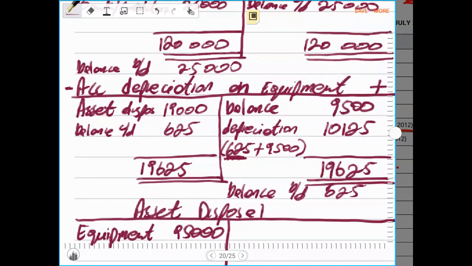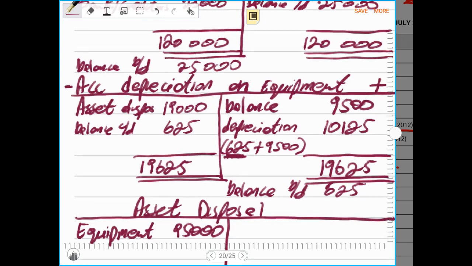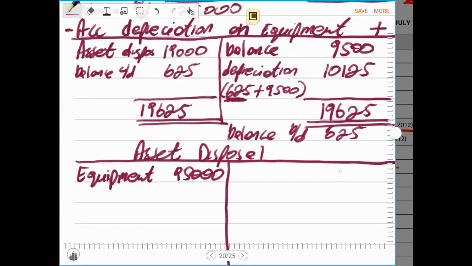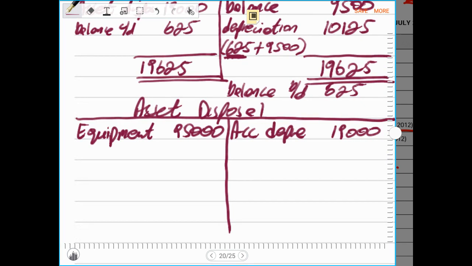Then under the accumulated depreciation for equipment, we have debited 95,000 rands, and the contra entry is asset disposal, where we were removing the total accumulated depreciation for the old disposed equipment. Therefore, if that is debited in the accumulated depreciation, it must be credited in the asset disposal ledger account, and the contra entry will be accumulated depreciation on equipment. Just because of space, I'll just write accumulated dep.